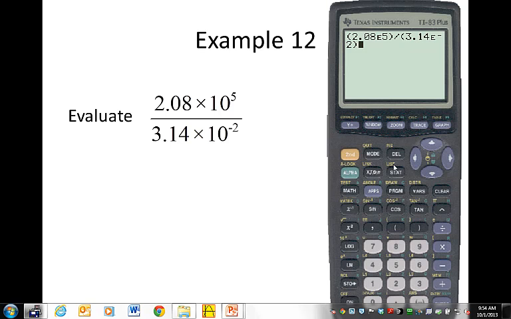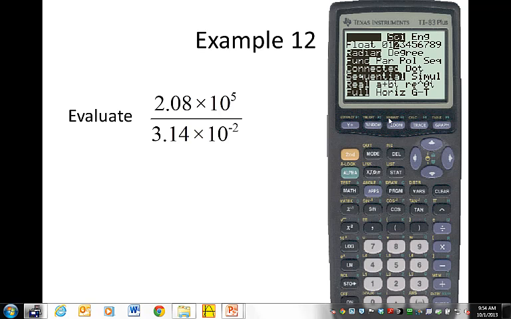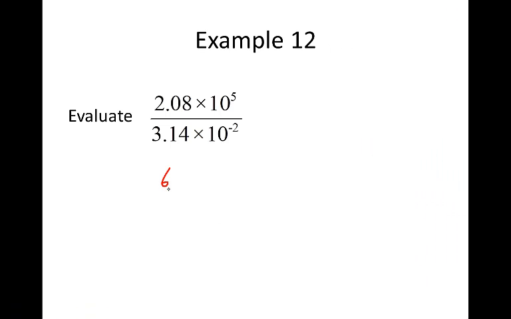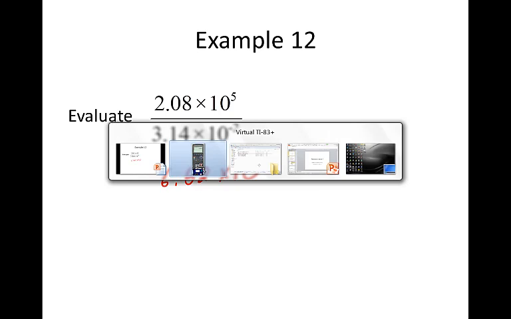And again, I think we've already floated it out, scientific notation, and we floated out the 2, so we're good. So just press enter, and we get 6.62 times 10 to the 6th.